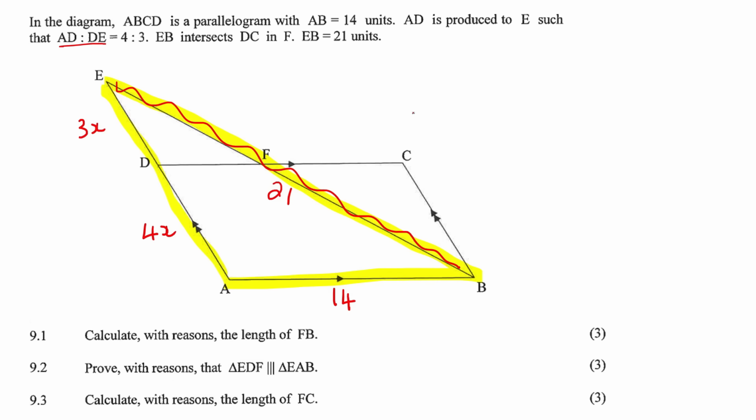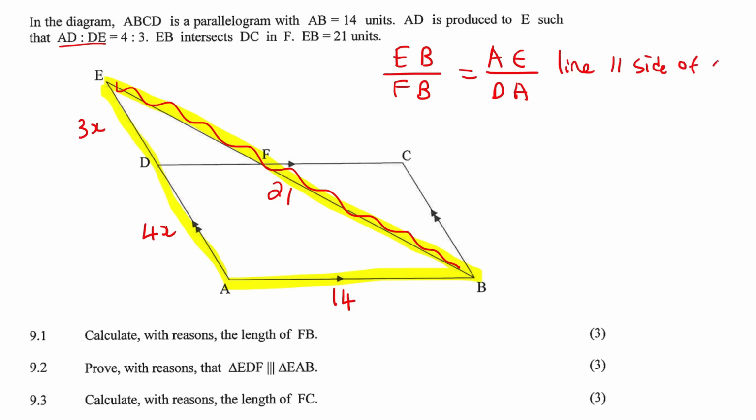Now match that on the other side, so we used the entire length, so that's going to be AE, and then we used FB, which is going to be DA. Now you could say prop theorem, or the one I've been using more recently is line parallel side of triangle. Now we're just going to go full in, so EB is 21. FB is what we're looking for.